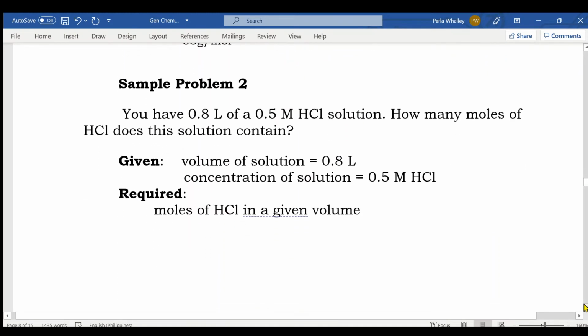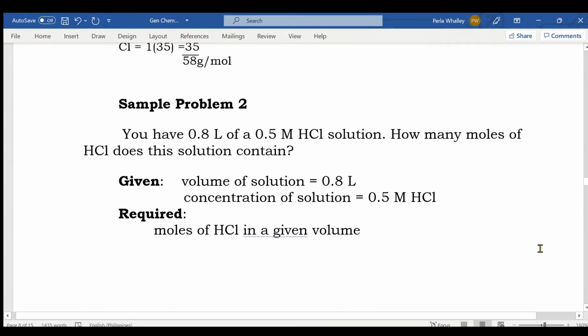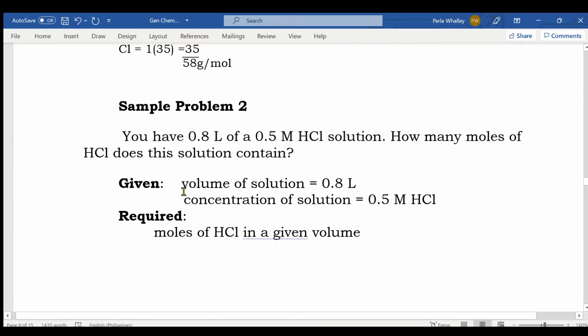Sample problem number 2. You have 0.8 liter of a 0.5 molar HCl solution. How many moles of HCl does this solution contain? Again, we need to write the given.